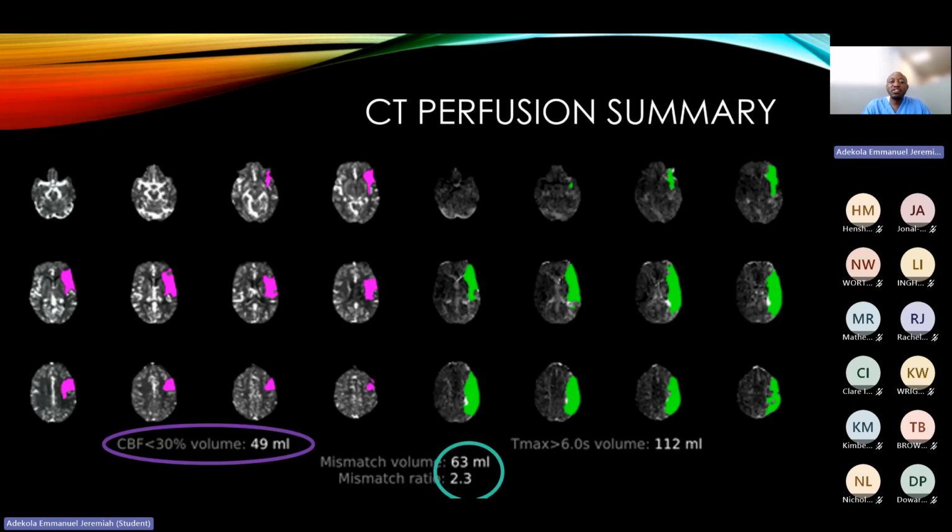When we subtract both, it will give us the mismatch, which is 63 mL. And the mismatch ratio is 2.3. That is, when we divide this 112 by 49, it will give us 2.3. So this is what the AI will calculate, and based on our assessment of the patient, we can then decide, looking at these criteria and this CT perfusion reading, that it is suitable to thrombolyze the patient.